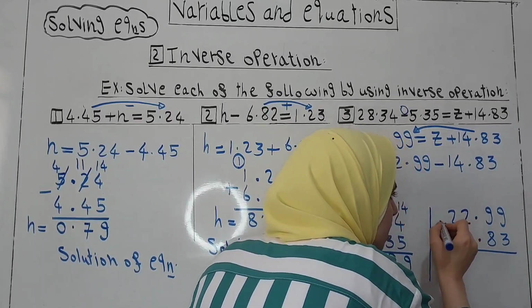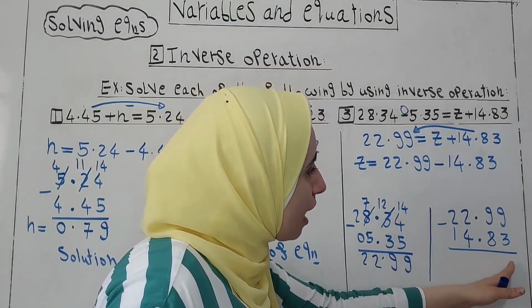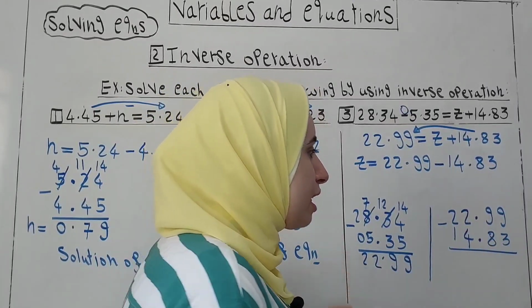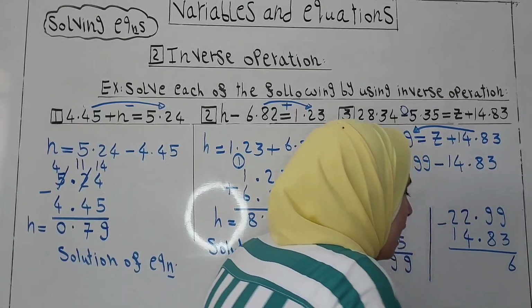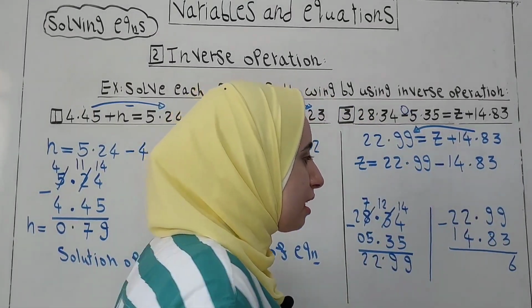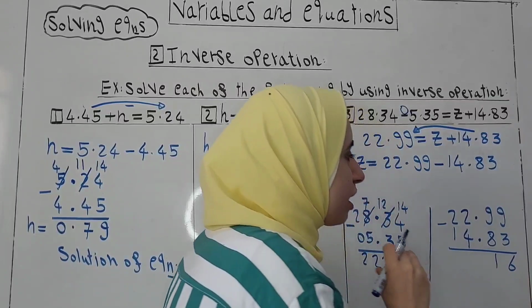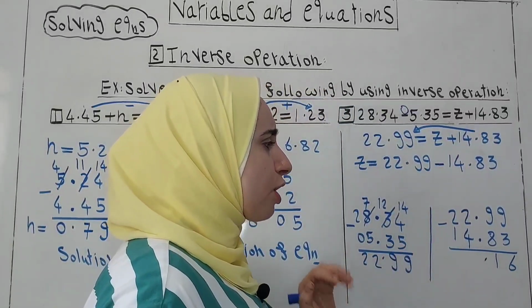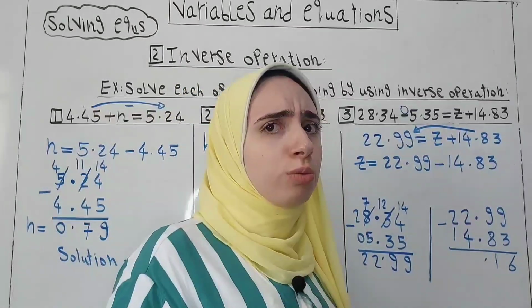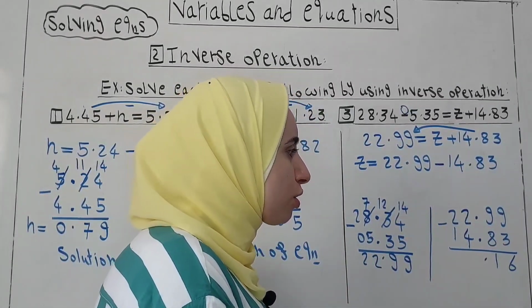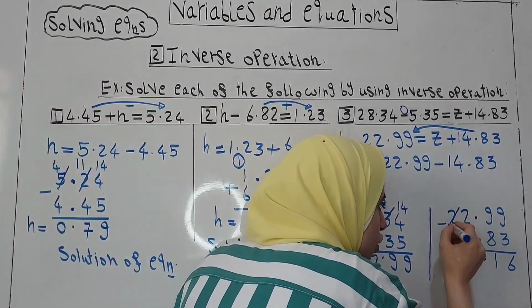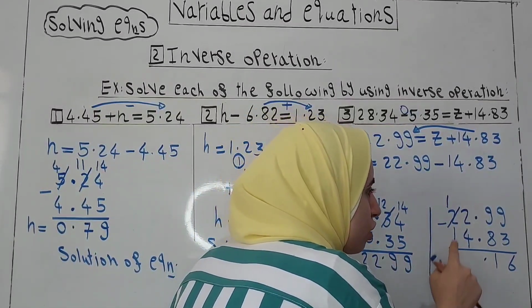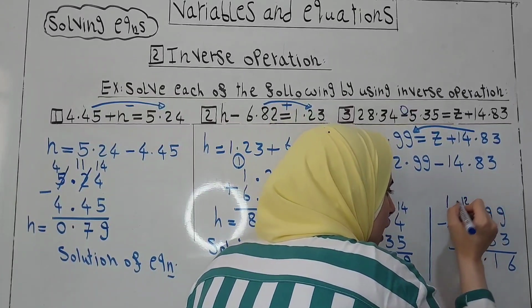We need to get the difference. We start from the right and go to the left. Now 9 minus 3 equals 6. And 9 minus 8 equals 1. We reach the decimal point. Bring it down. Now 2 minus 4. Can you take away 4 from 2? No, it doesn't work. So we borrow 1 from the digit 2. It will be 1. And add 10 to the digit 2. It will be 12.